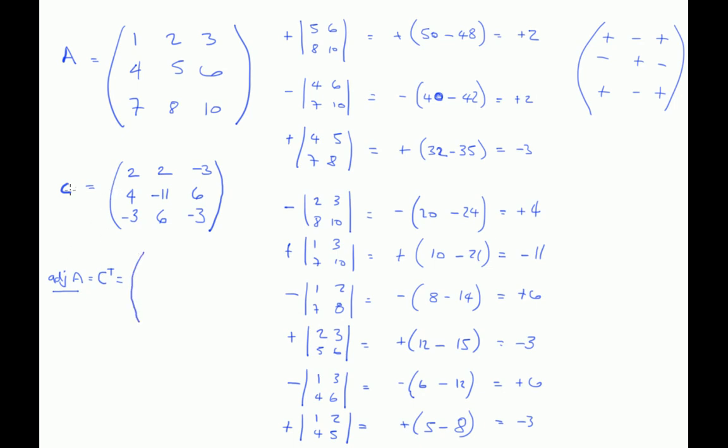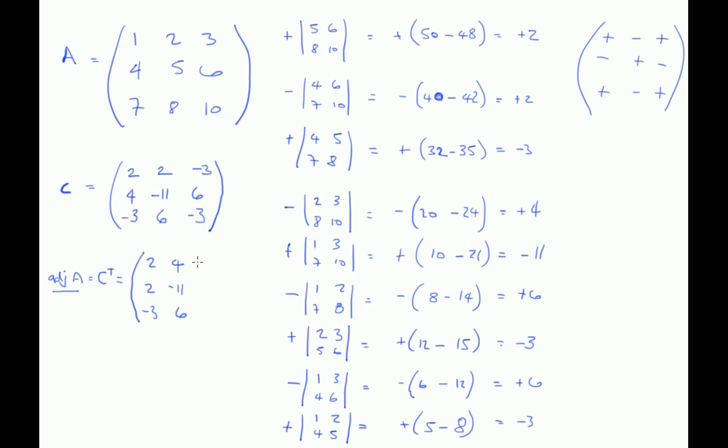The next thing then to do is to transpose this, so we end up with the first row becoming the first column. So 2, 2, minus 3. The second row, 4, minus 11, 6.